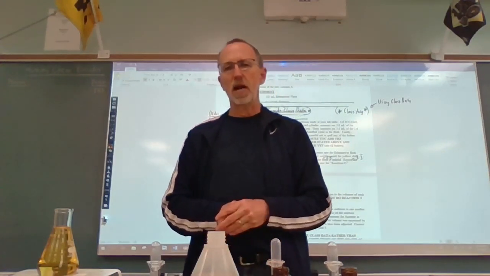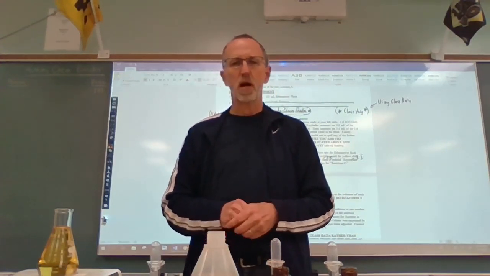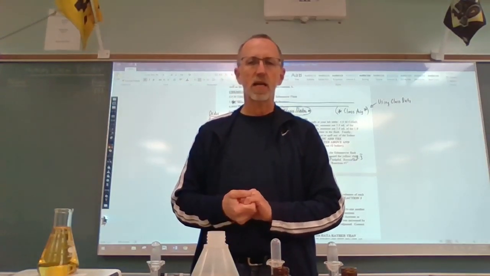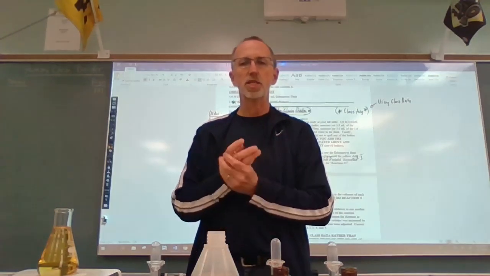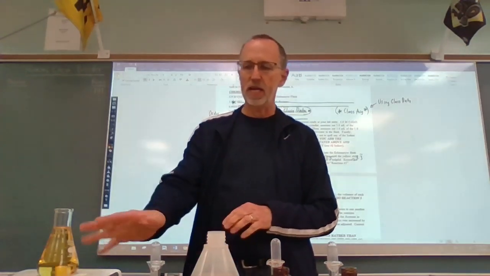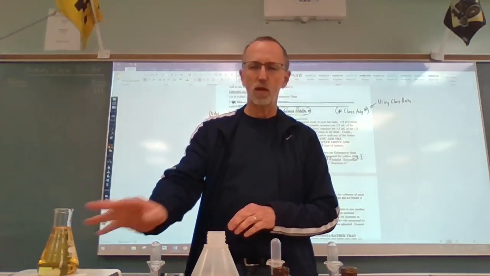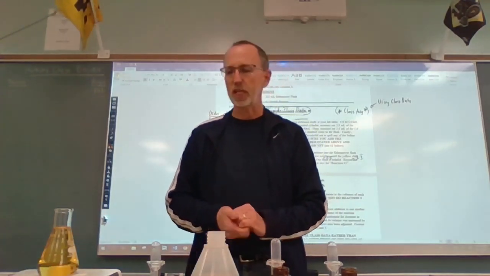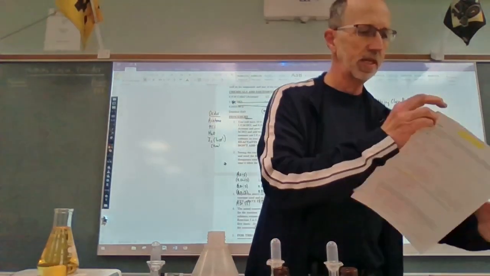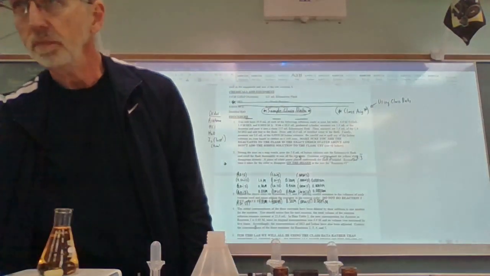Just like we talked about in the reaction on day 1 back in August. The iodine acts as the clock, and so when the reaction has gone to completion, we will see a color change. In this case, our color will go from a light yellowish brownish color to clear. So let me go back then to the data table.